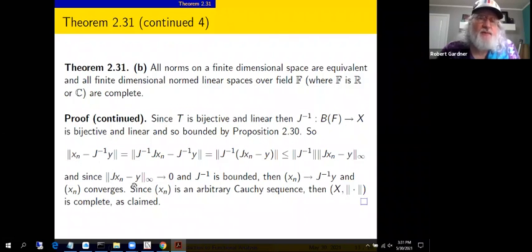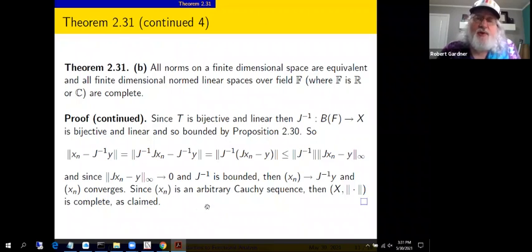We get J of X sub n minus Y in sup norm to approach 0. J inverse is bounded. Here we go. So X sub n must approach J inverse of Y. This must approach 0 as n approaches infinity. And so X sub n must approach J inverse of Y. That is, sequence X sub n converges.